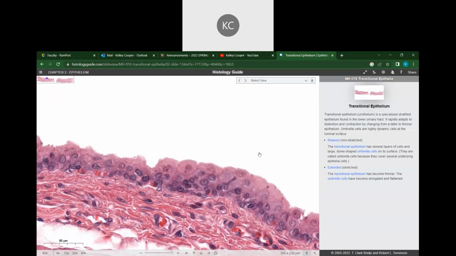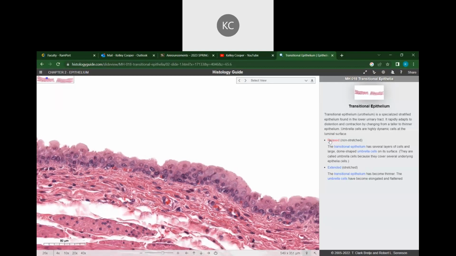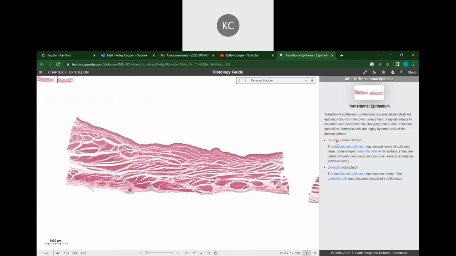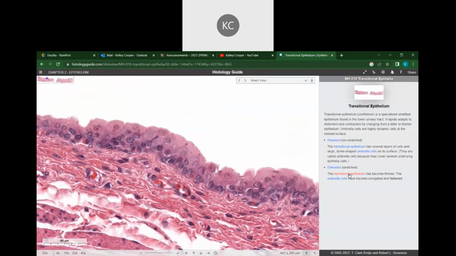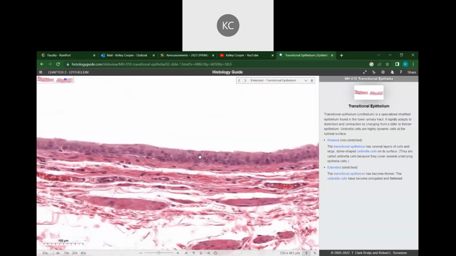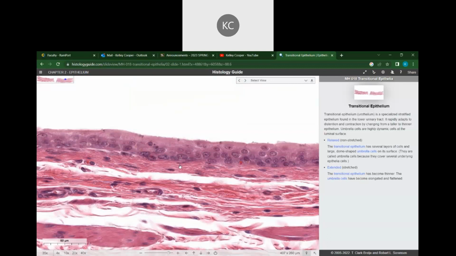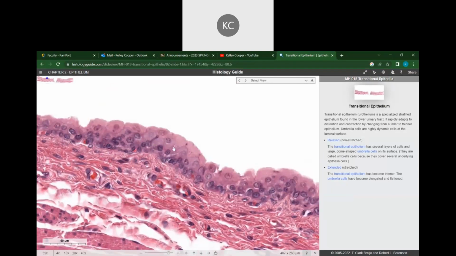So this slide here shows a good example between relaxed transitional epithelium versus extended. So this means in this tissue here, this is when the bladder is full. So you can see these cells look very stretched. They look very flattened out as the bladder would be full of urine. And in this instance, they look a little bit more rounded and plump, right?